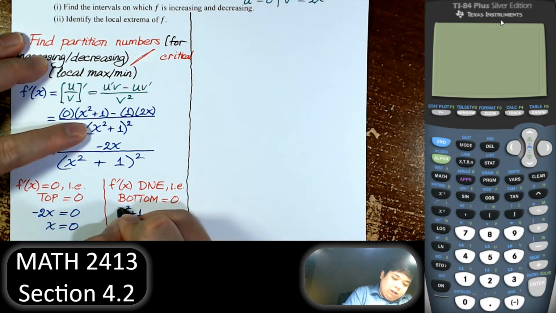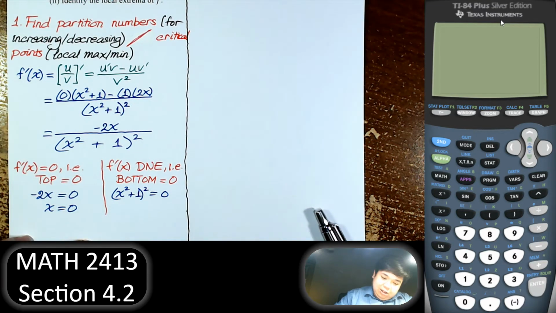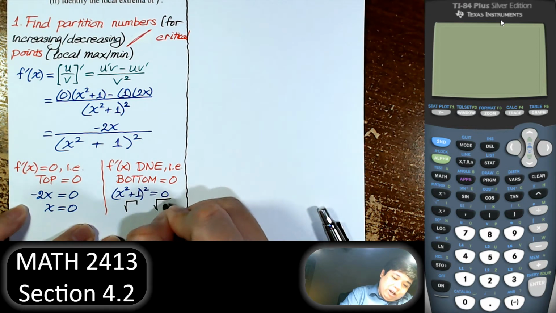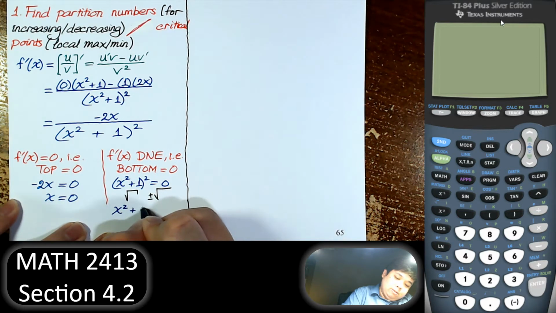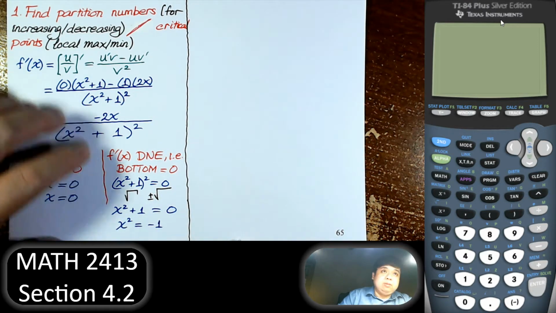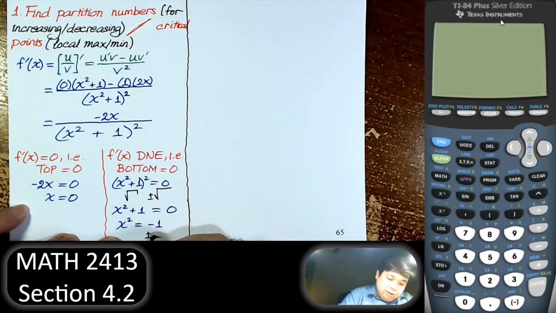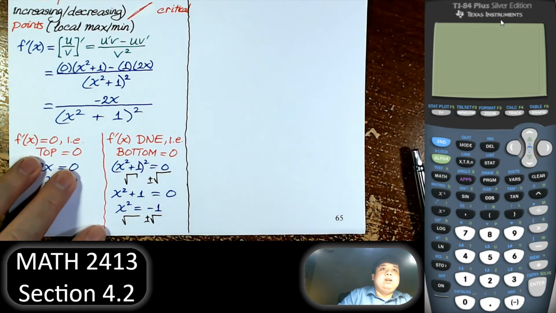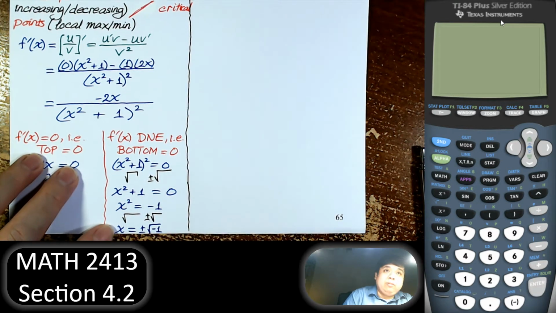Does not exist means the bottom is 0. x squared plus 1, squared, equals 0. Take the square root on both sides. I do that every time. Don't forget the plus or minus. Move the 1 over, so x squared equals negative 1, and once again plus or minus, so x equals plus or minus square root of negative 1.